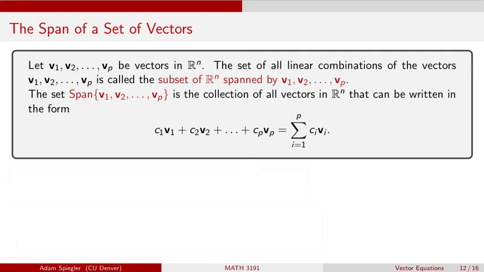This is a set of vectors, so we denote it with the notation span, and then in curly braces, the vectors v1 up to vp.